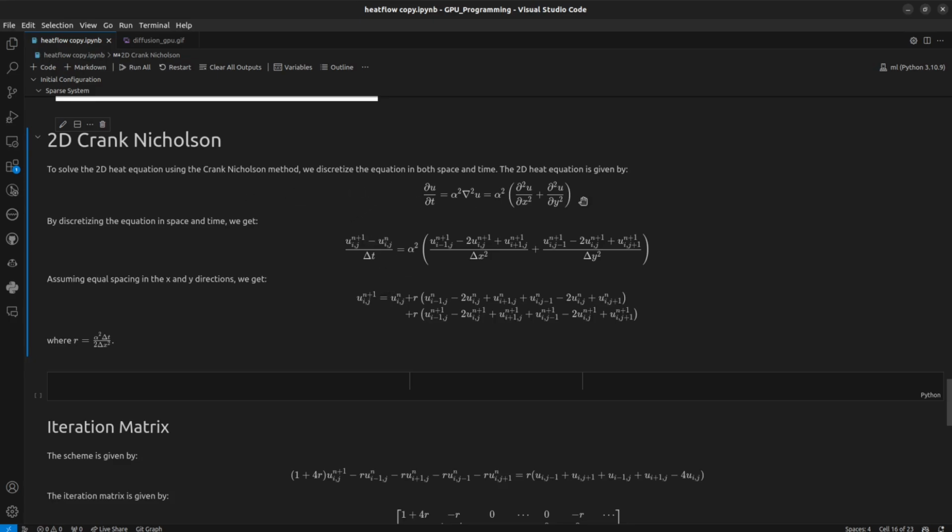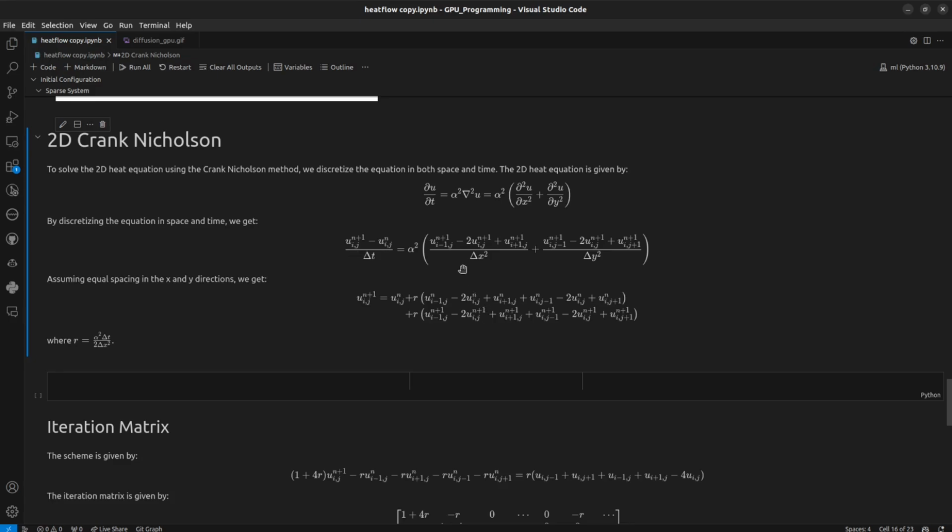The 2D heat equation just adds a second derivative term, where in the last equation we just had the second derivative in x. Now we also have the second derivative in y. And since we have two spatial dimensions, we have to introduce a second spatial index. Now we have an ij, whereas in the last video we just had an i.